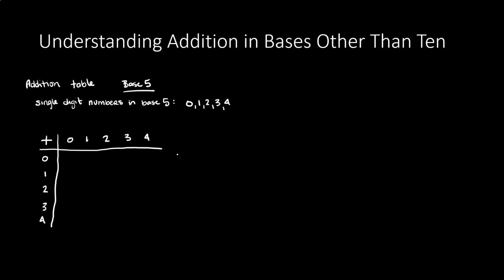Now remember that the way base 5 numbers work is that we have our singles, and instead of groups of 10, we have groups of 5. So for example, if I had the number 33, that would look like 3 groups of 5 and 3 singles.